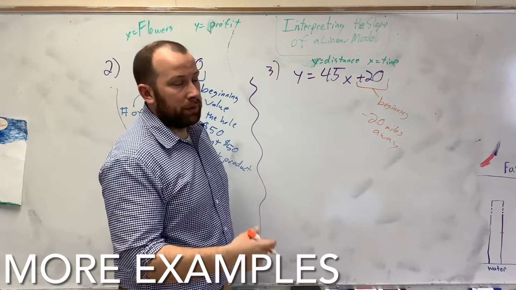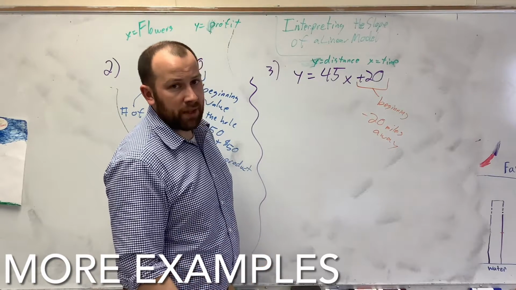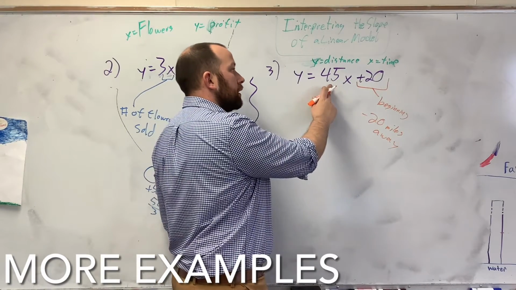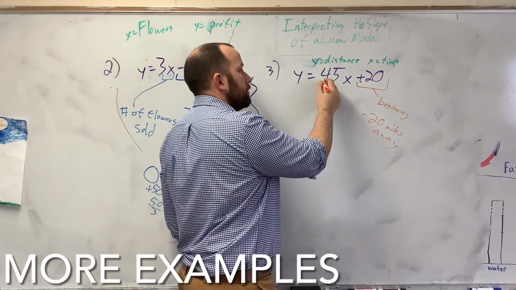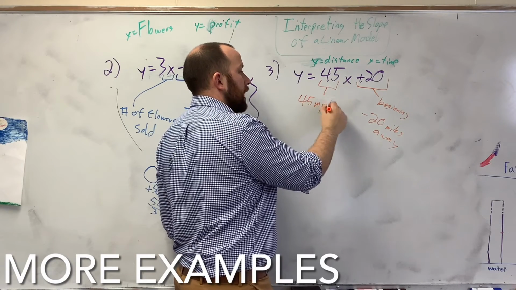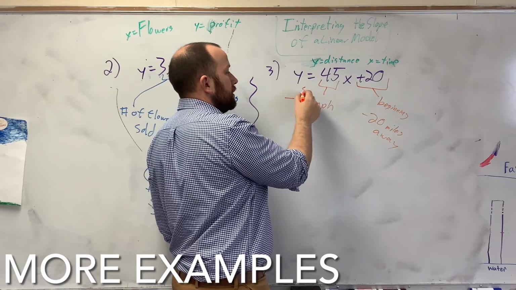We got up, we drove 20 miles. We stopped to get gas or something to eat. Now, if we drive 45 miles an hour, that's this, so 45 miles per hour, and the x is my time, so that's my slope.